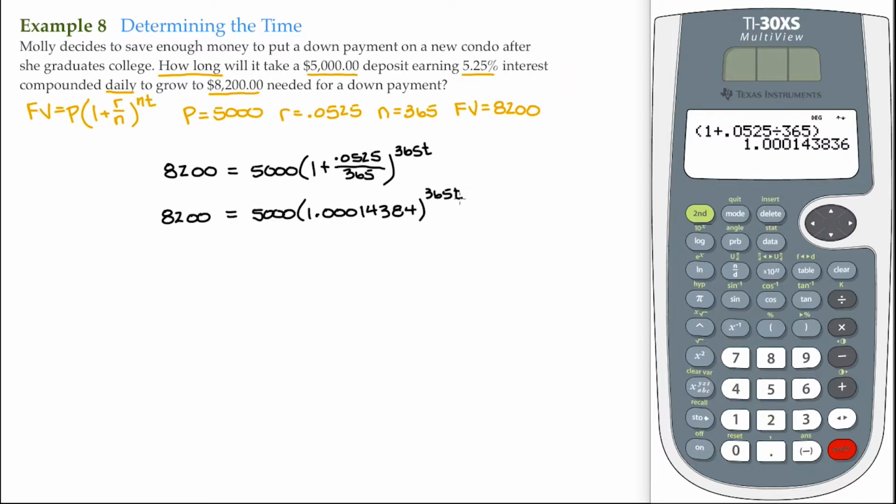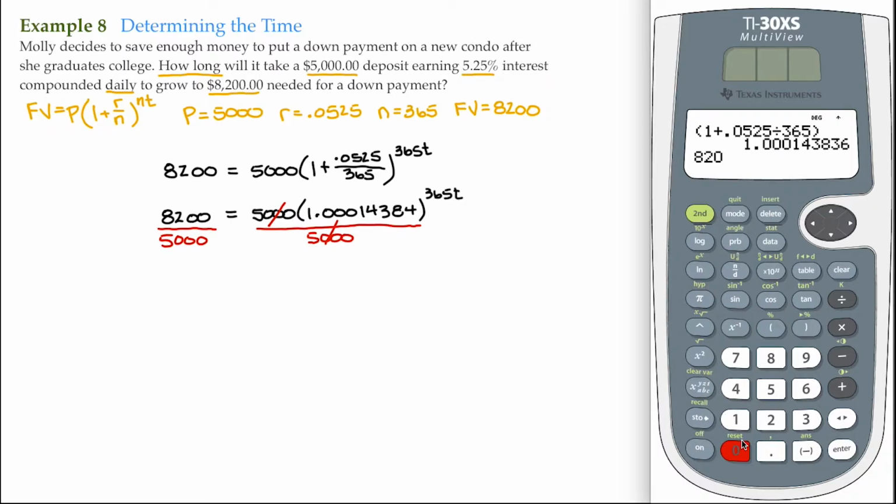Now again, this is what we're looking to solve for. So since we have an unknown exponent here, we're going to be using logarithms. So the first thing we want to do is isolate this. So we'll divide both sides by 5,000. That'll cancel and that will cancel.